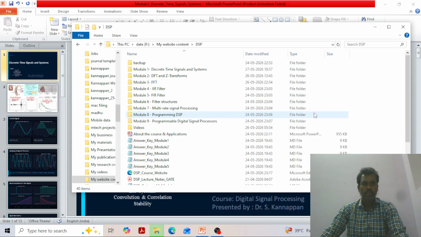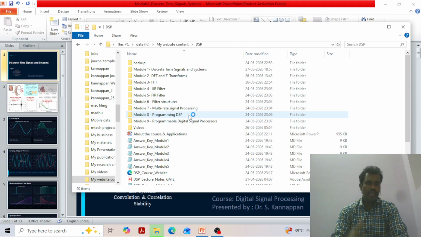Modules 8 and 9 completely focus on the processors, the actual processor which is going to perform all the digital signal processing concepts we have discussed so far. Module 8 is programming DSP, the programming part of all the digital signal processing operations.